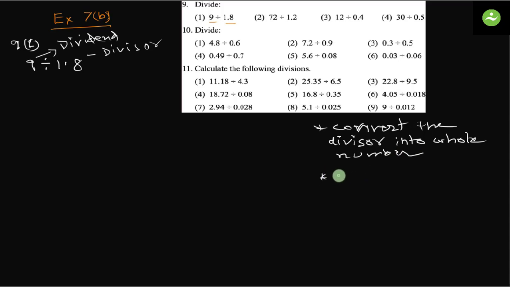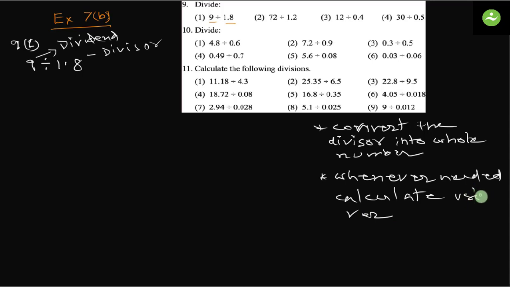And then whenever needed, calculate using the vertical method. Okay, now this is the dividend and this is the divisor. We look at the divisor and convert the divisor into a whole number.